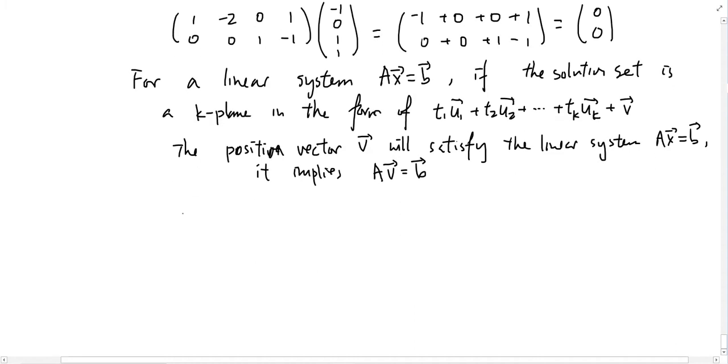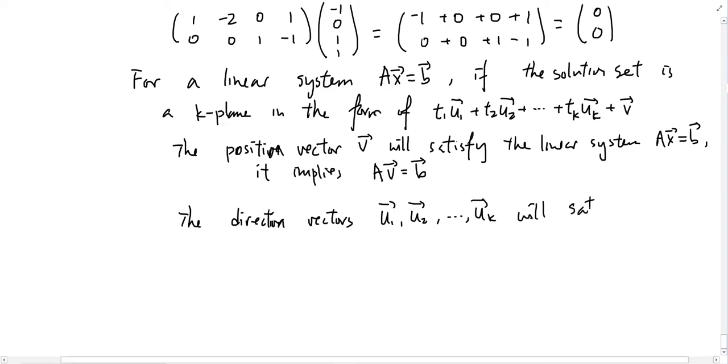Now, what happens to a direction vector? The direction vectors, there are multiple of them, will instead satisfy the following.